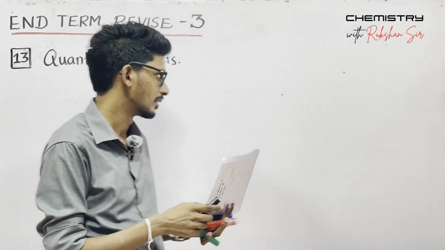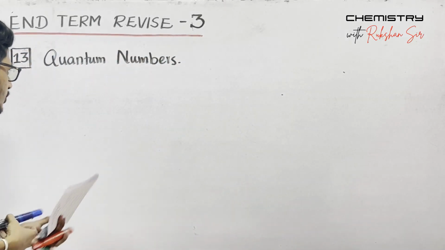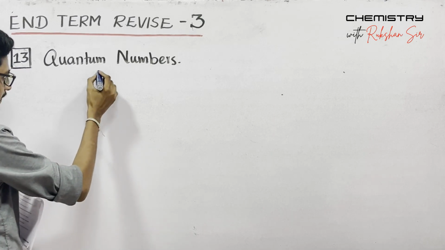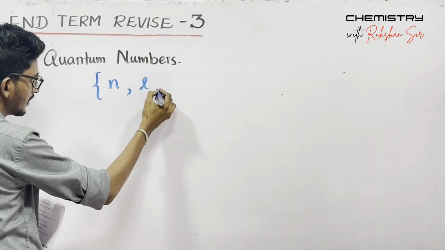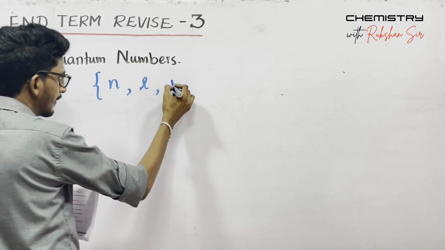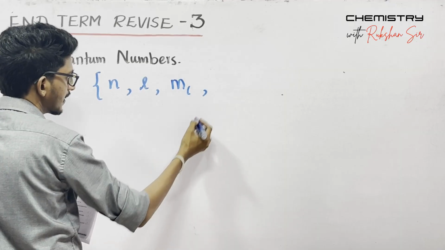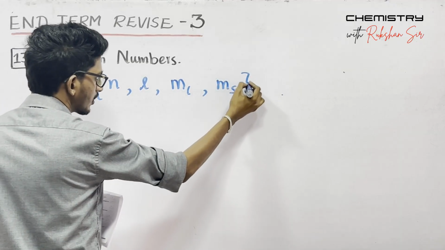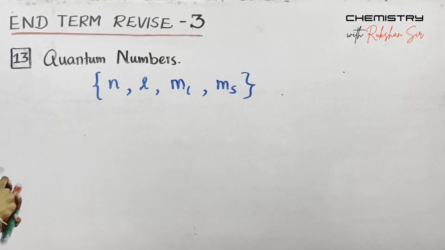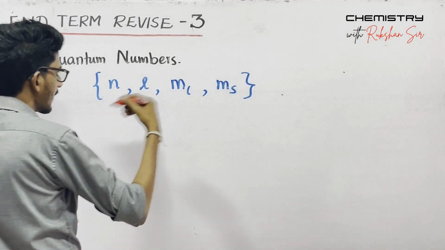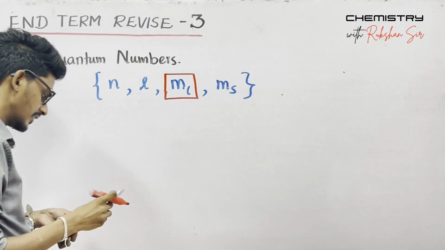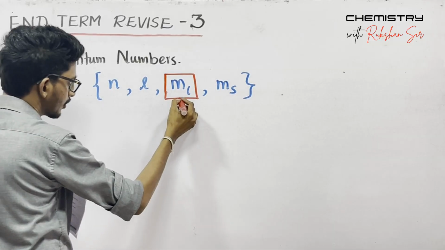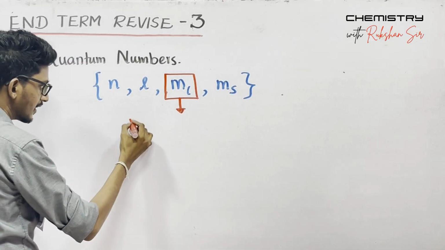Those are the n value, the principal quantum number, the L value, the azimuthal quantum number, the ML value, the magnetic quantum number, and the MS value, the spin quantum number. Here the question is regarding the ML, which is referred to as the magnetic quantum number.